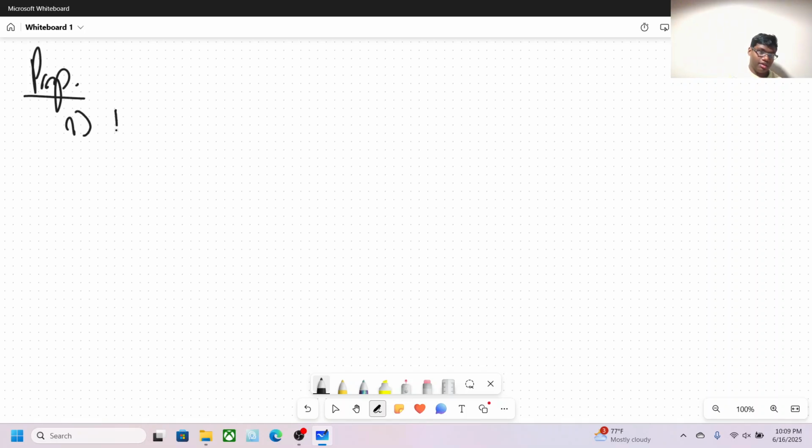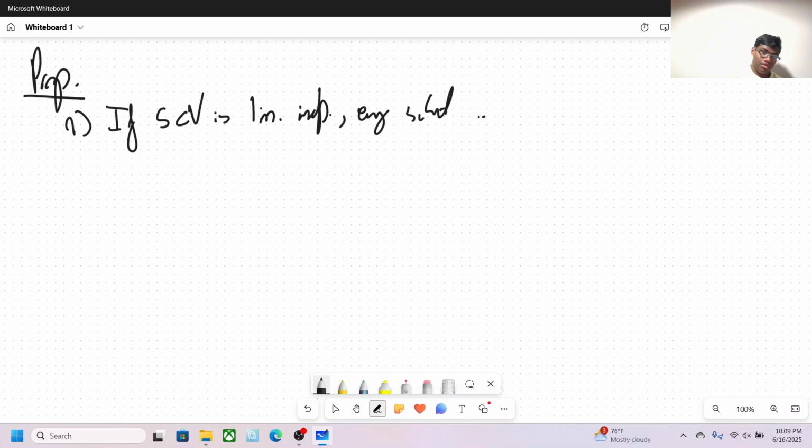So now maybe we should prove a couple of big, perhaps tedious propositions. Proposition A: if S subset of V is linearly independent, every subset of S is independent. Can you guys think how to prove that?